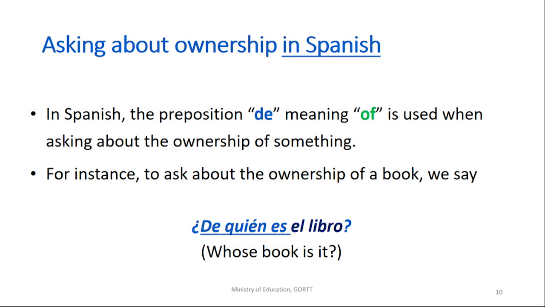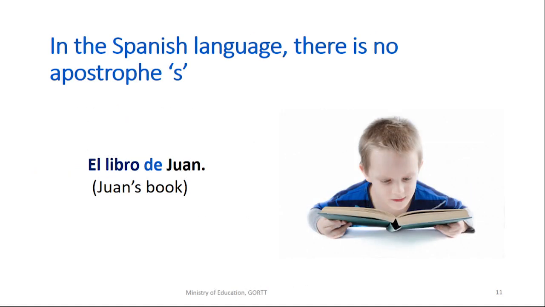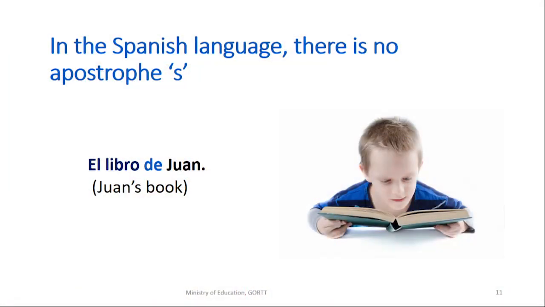For instance, to ask about the ownership of a book, we say, ¿de quién es el libro? Whose book is it? In Spanish, there is no apostrophe S. We must remember that. So for example, if the book belongs to Juan, we say el libro de Juan.